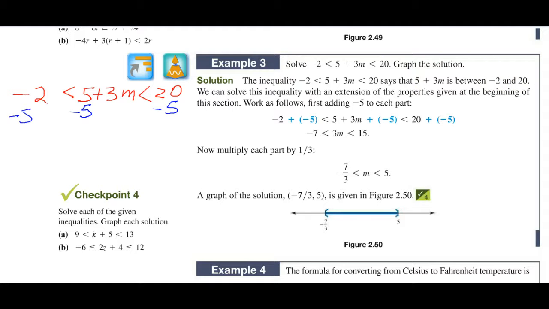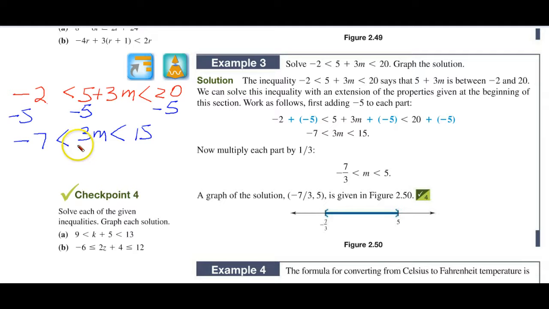Now when we add this, this becomes a negative 7 is less than 3m is less than 15. So the technique of doing it this way to each part, I think, is a good technique.